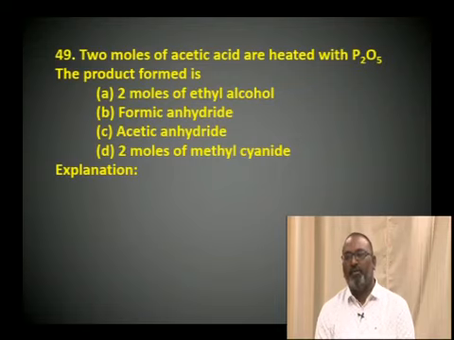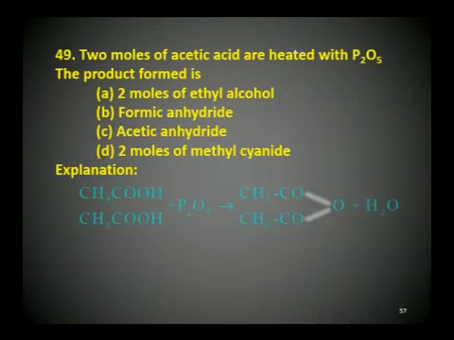You know that phosphorus pentoxide is a very good dehydrating agent, that is, it helps in removal of water molecules. When 2 moles of acetic acid are heated with phosphorus pentoxide, a water molecule is removed, and we produce acetic anhydride.